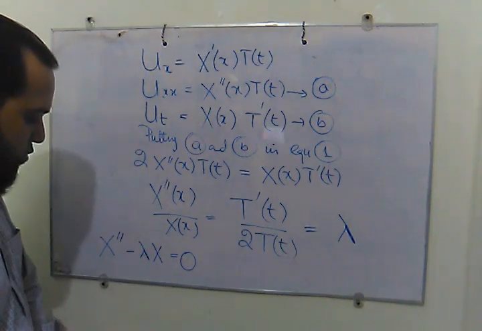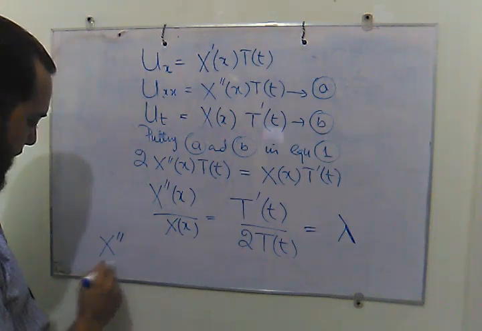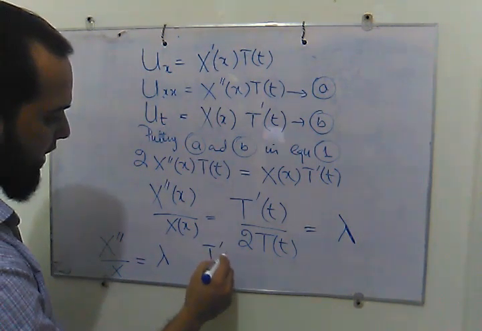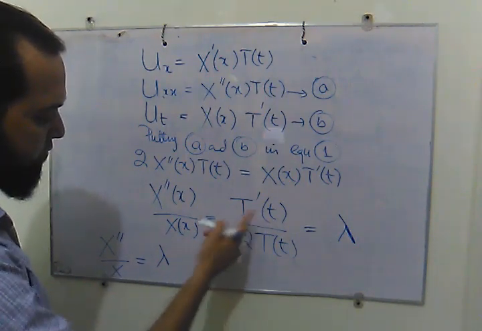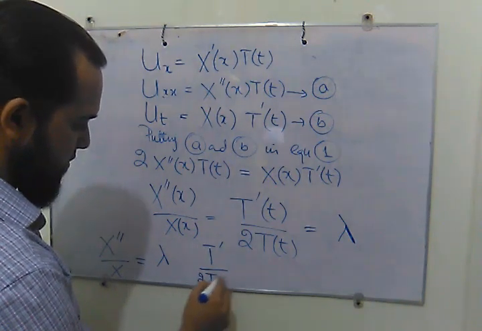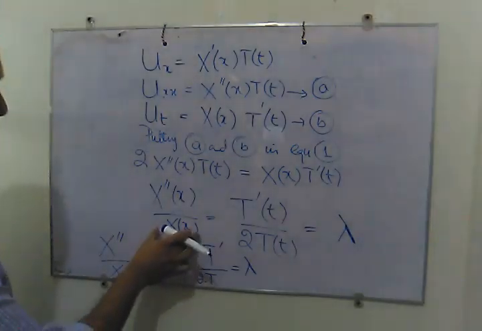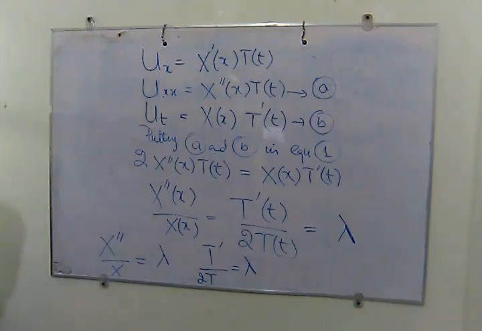So this portion is equal to lambda, this portion is equal to lambda. This gives us two equations.